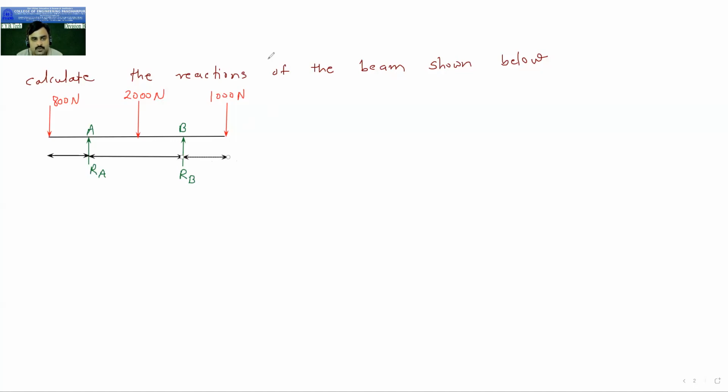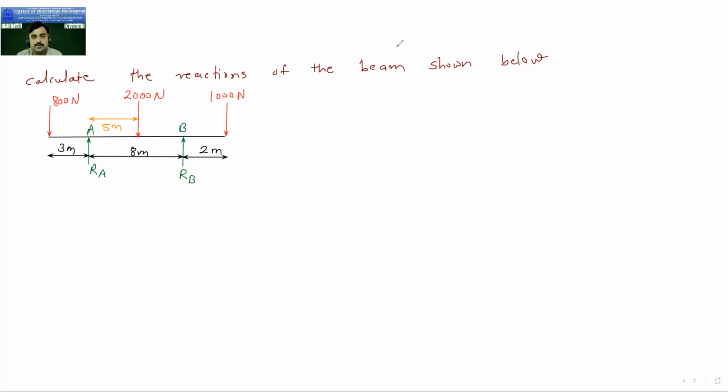So the distances are, this is 3 meter, this total distance is 8 meter, and this is again 2 meter. One more distance is given, this distance is also given, and it is how much? 5 meter. Okay, so this is 5 meter.